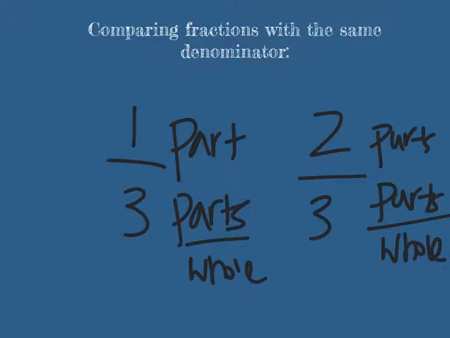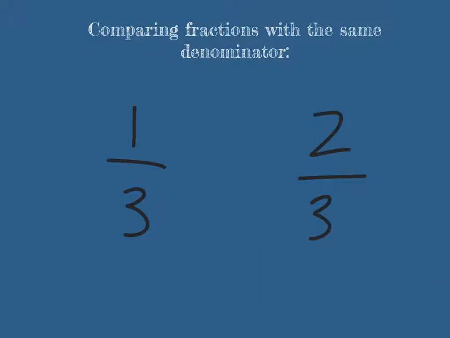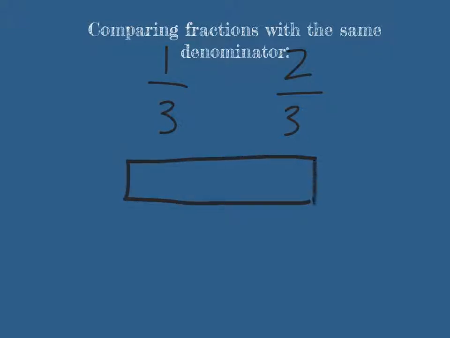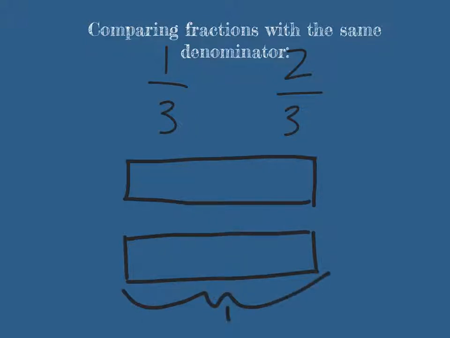Just like comparing fractions with the same numerator, we're going to draw a picture. Let's draw the 1/3. It's important that both of these bars are the same length because they both represent 1. There's your 1.